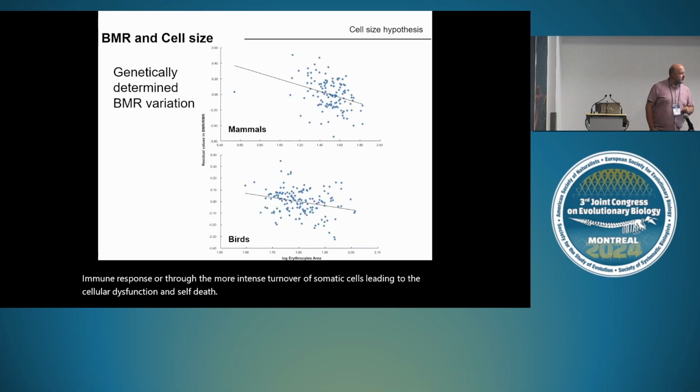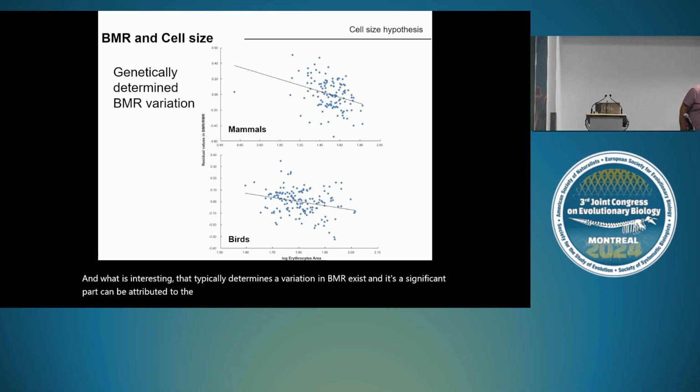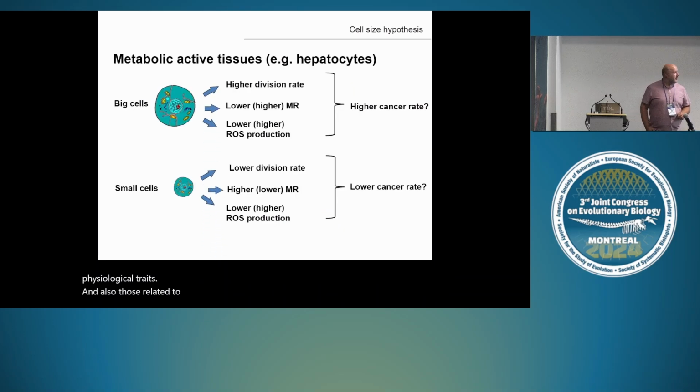And what is interesting is that genetically determined variation in the BMR exists, and a significant part of it can be attributed to cell size, which may have a direct impact on many physiological traits, including those related to cancer. For example, the size of cells is strongly related to the cell division rate.